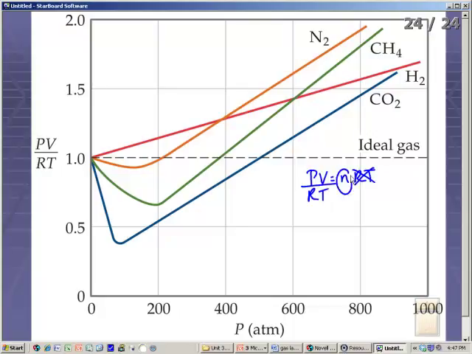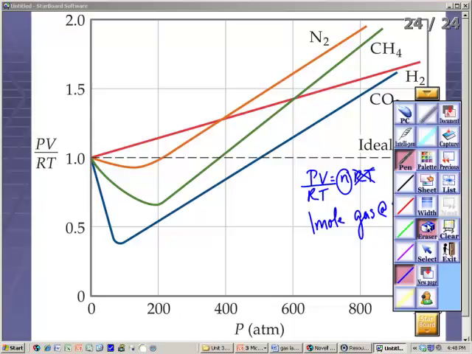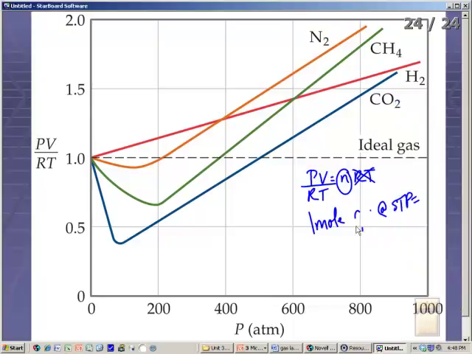That's n. An ideal gas, any gas, 1 mole of gas at STP is supposed to be like 1 mole.